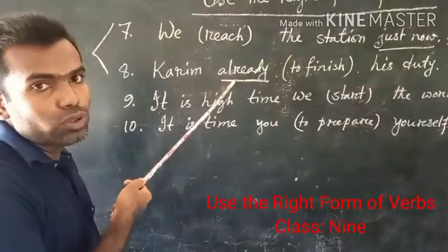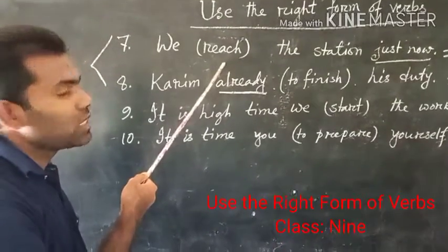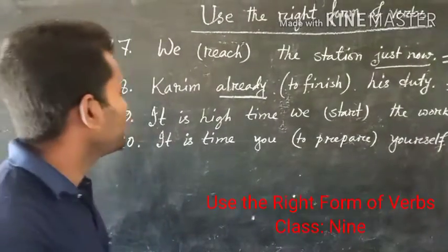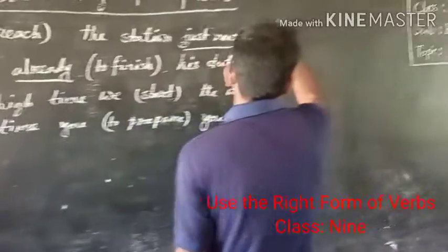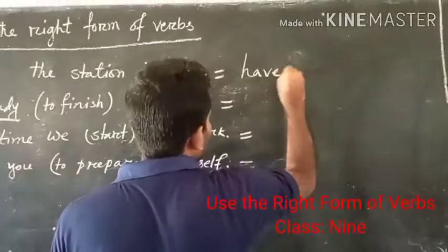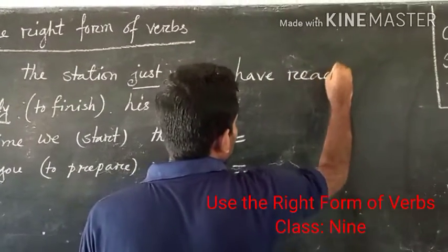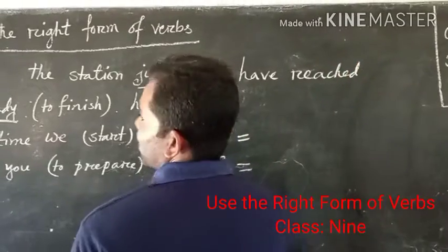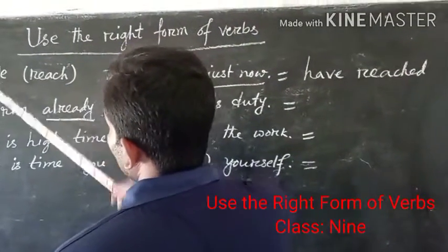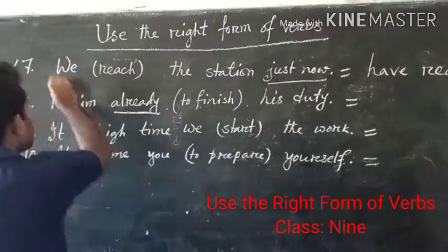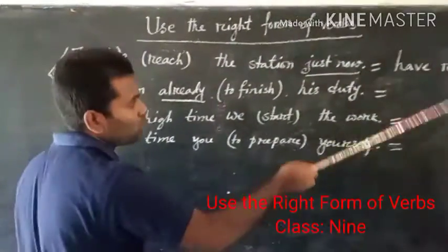So we have to use the verb in present perfect tense. That means we should write have reached. Here the subject is in plural form, we. So we have used have.